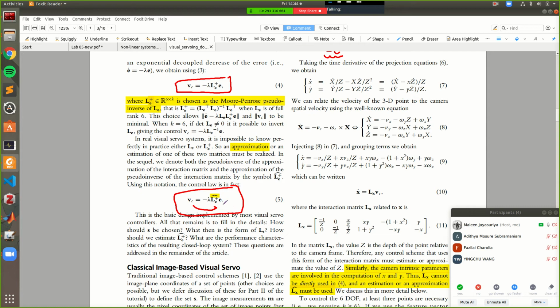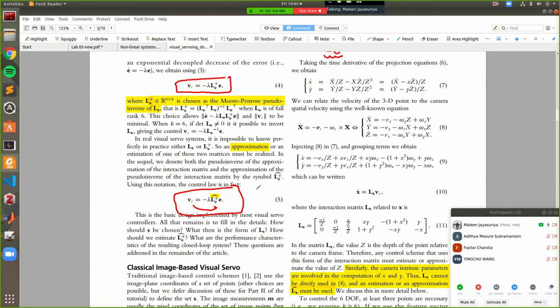But the important thing you need to understand is we now have a relationship between the velocity and the error, right? So this can be used to control the system. If the error is very high, this term LE plus hat will translate that error nicely into velocity values for us, right?